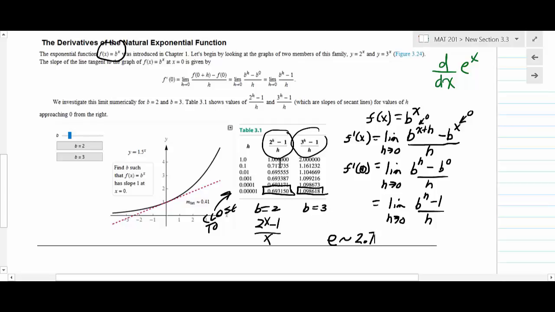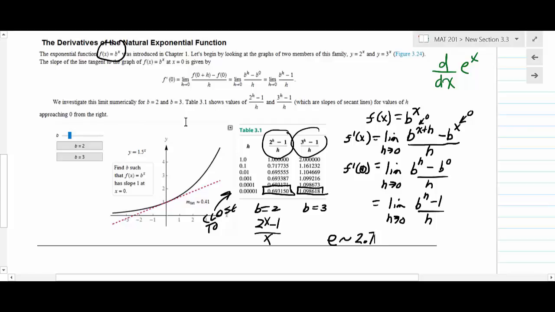So if we let b equal around 2.7, this limit would have some sort of value right there. It's approaching some number. What I'm trying to show you is, graphically, where this value would be approaching. Then on the next page I'll formalize it a little bit for you.